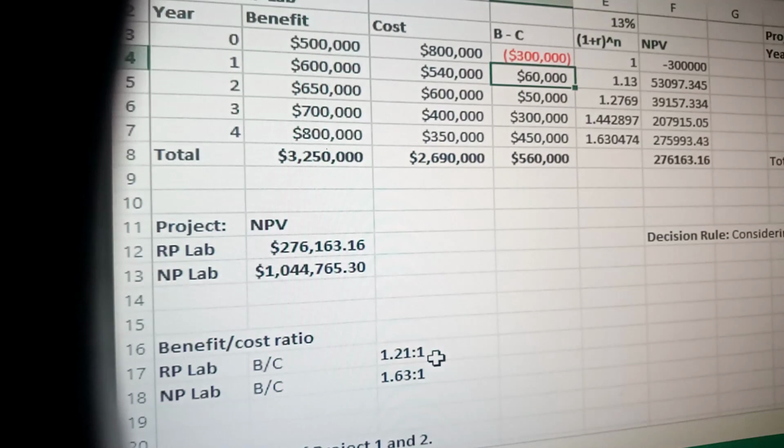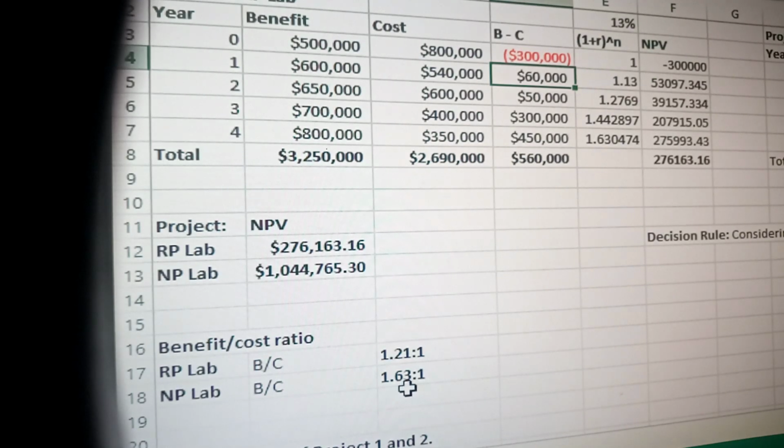In project 1, for every dollar spent on cost, there is a 1.21 benefit being recognized. That is not bad. As long as it's not negative, it is a good project. But let's look at project 2. For every single dollar spent on the lab, there is a return of 1.63.